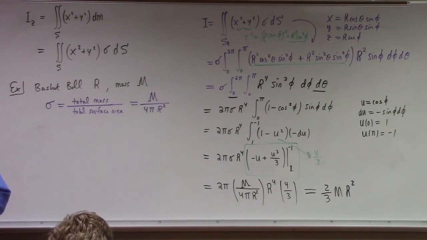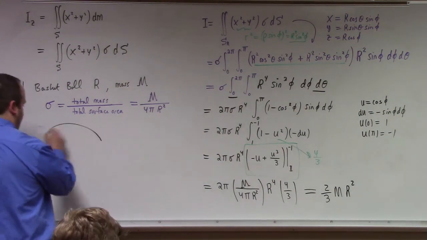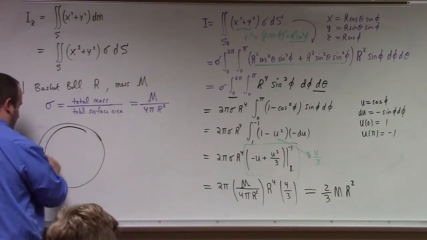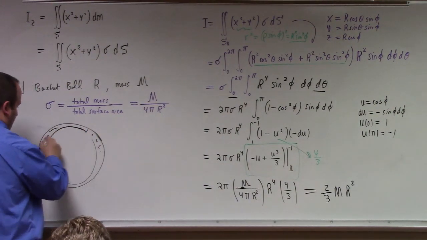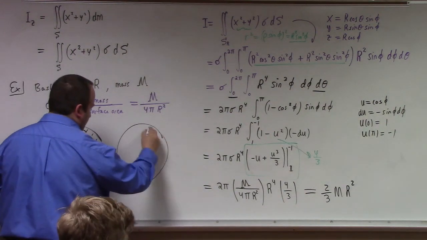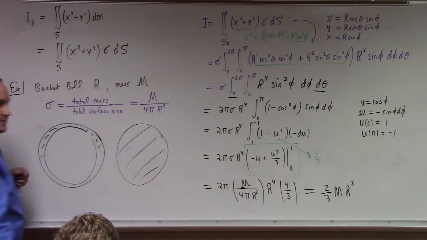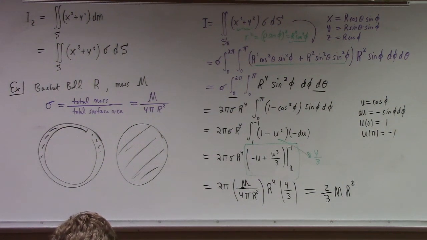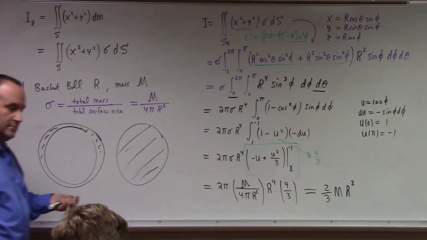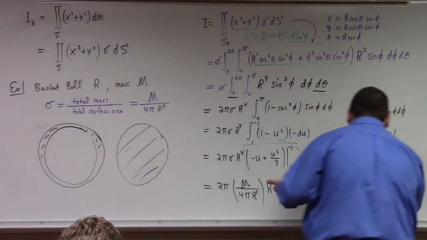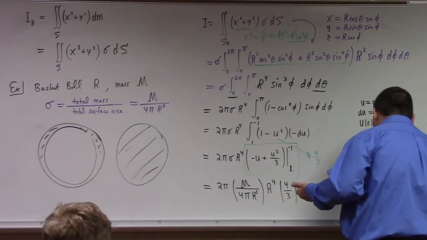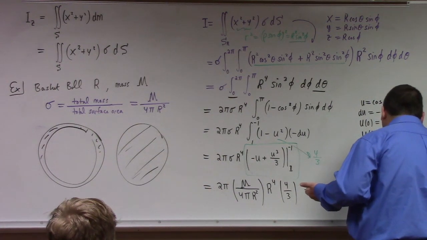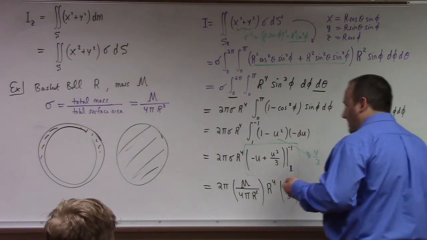Now, this is for a spherical shell, right? It's a shell versus the solid sphere. So the solid sphere of the same mass and the same radius has a moment of inertia of what did we work out? 2/5, if I recall correctly. Is that right? Did we work it out?